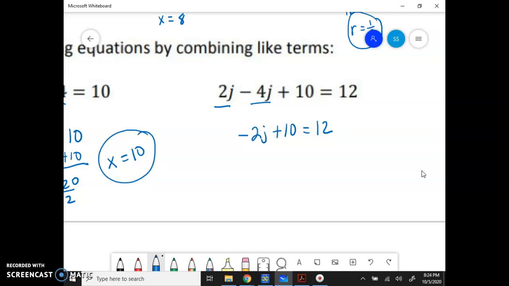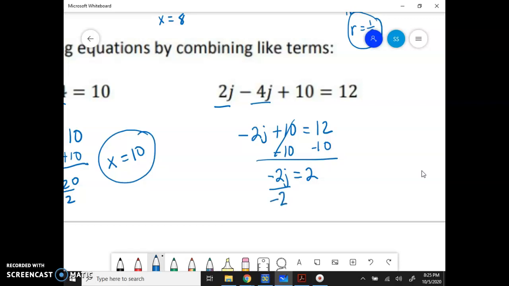So we're going to first subtract 10 on both sides. This will cancel out. Drop down this negative 2j. 12 minus 10 is 2. And the last step is to divide by the exact same coefficient. So if this is a negative number, you need to remember to divide by a negative 2.